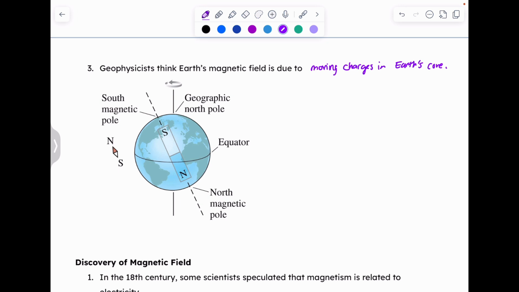We think that the charges moving in there are what is producing Earth's magnetic field. Earth's magnetic field has reversed poles many, many times in Earth's history. So the way our magnetic poles are now aren't necessarily how they've been in the past. We can tell that due to the way iron is aligned in rocks, and it also wanders. Magnetic north, where the magnetic poles are, wanders all the time.